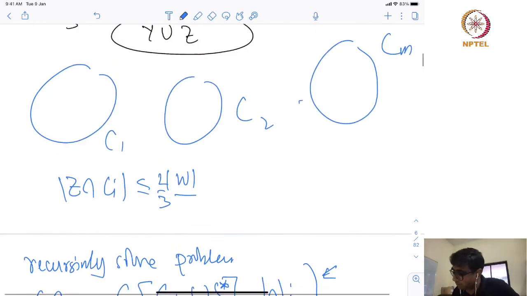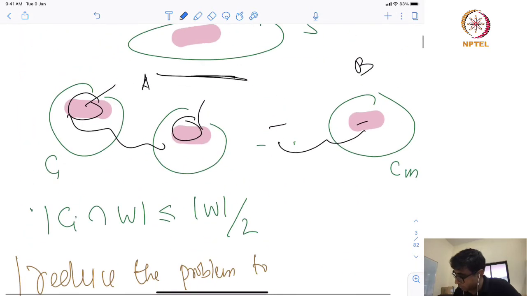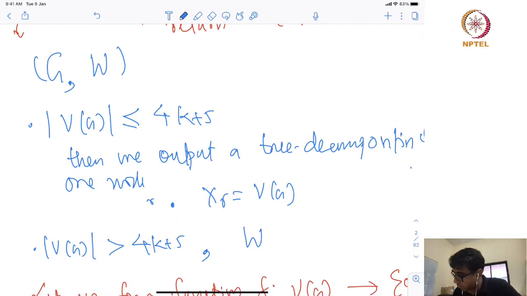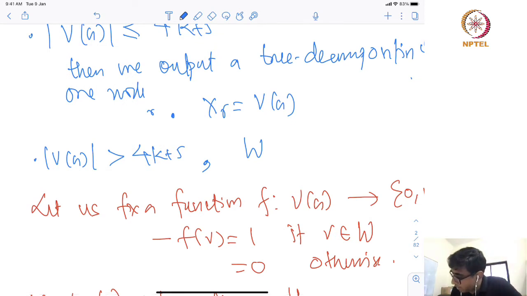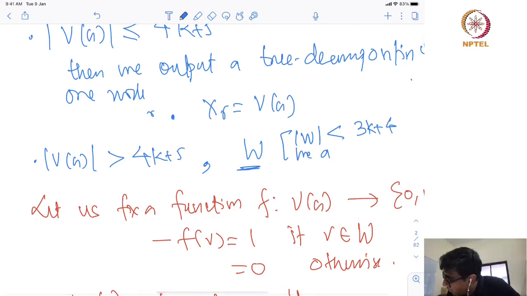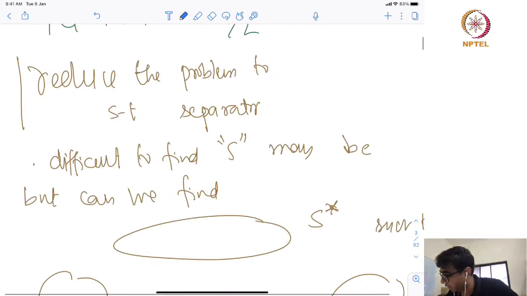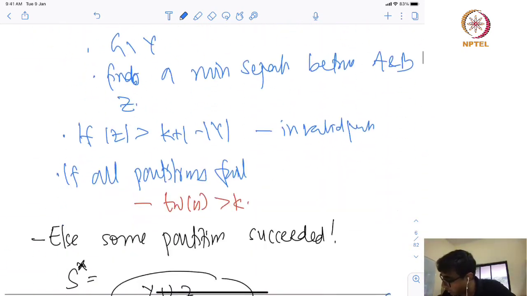One thing which I missed out when trying to explain to you is that this W at any stage, if W size is less than 3k plus 4, we arbitrarily add vertices from outside to make it size 3k plus 4 exactly. Now, what does this imply?